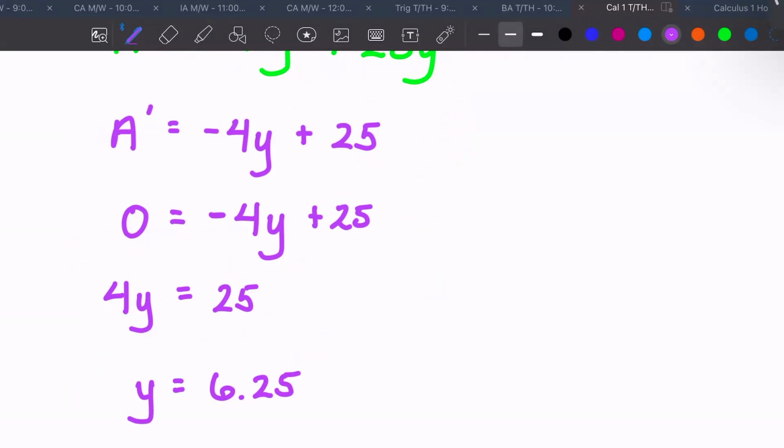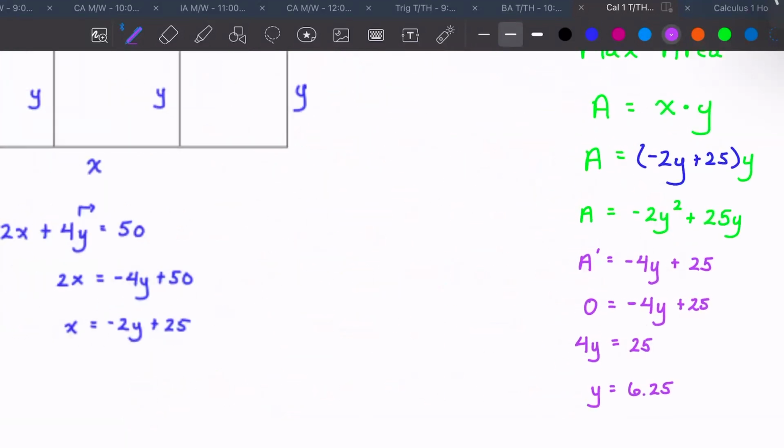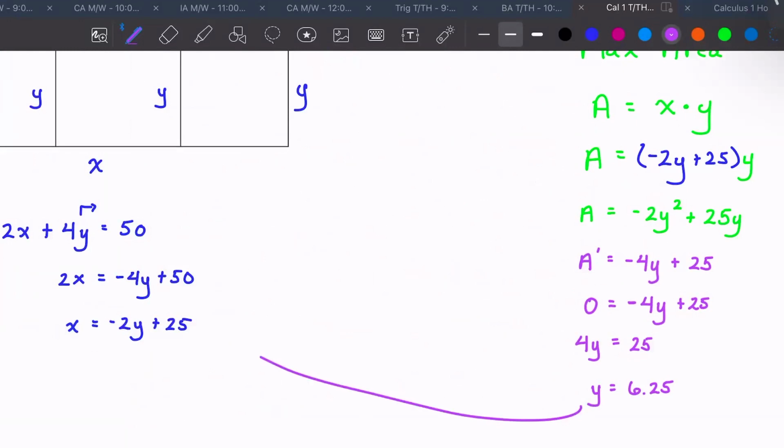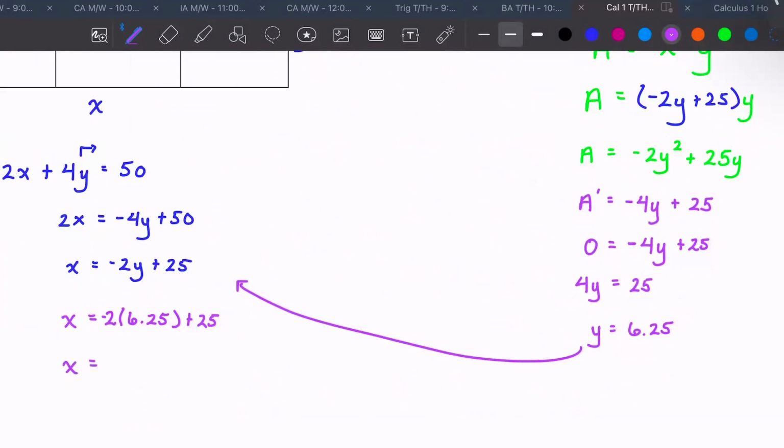Okay. Our question says, find the dimensions that would maximize the enclosed area. So we have one of the dimensions, we have Y, but we don't have X, but we know that X is negative 2Y plus 25. So we can just back substitute and plug in 6.25 for Y. That will be negative 12.5 plus 25, which is 12.5.